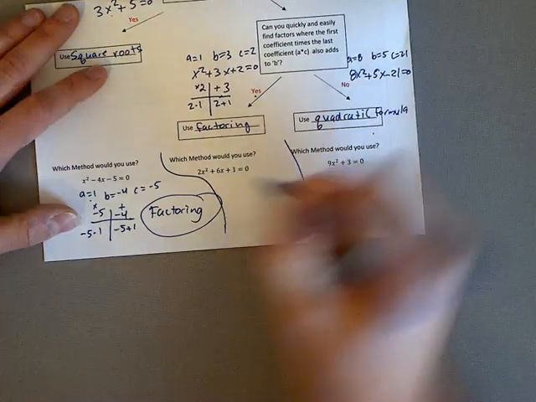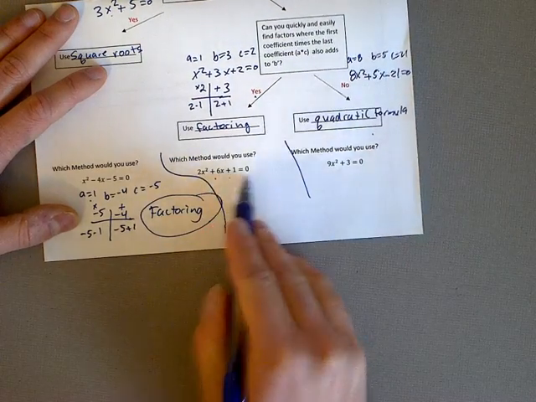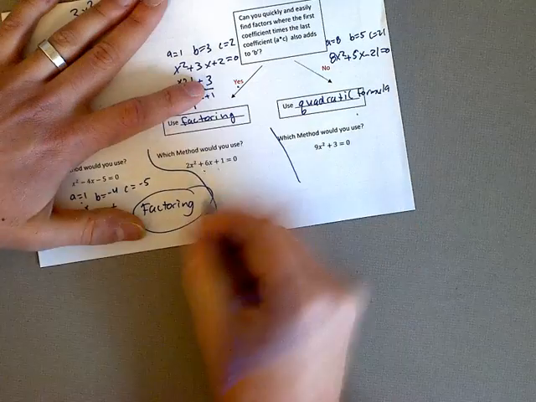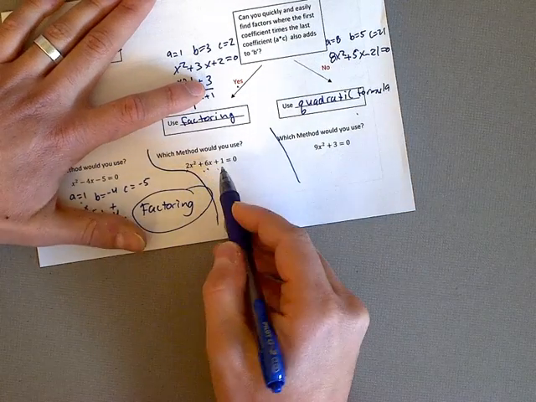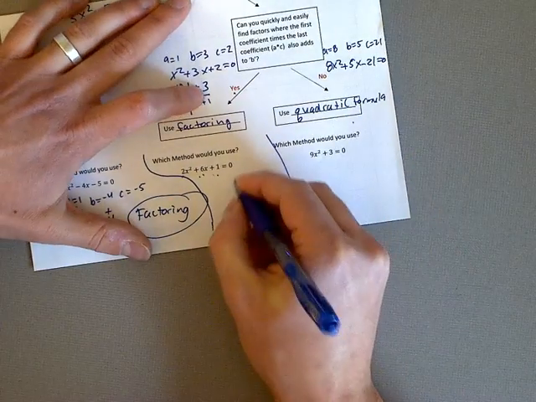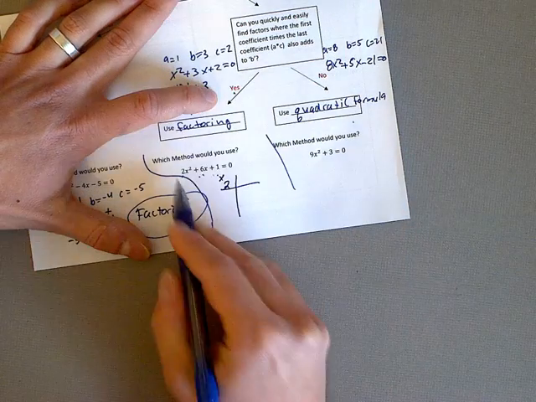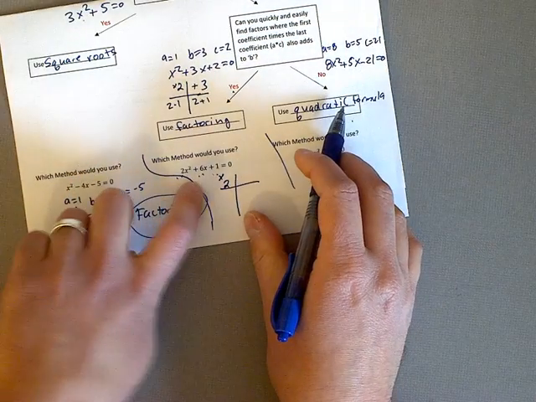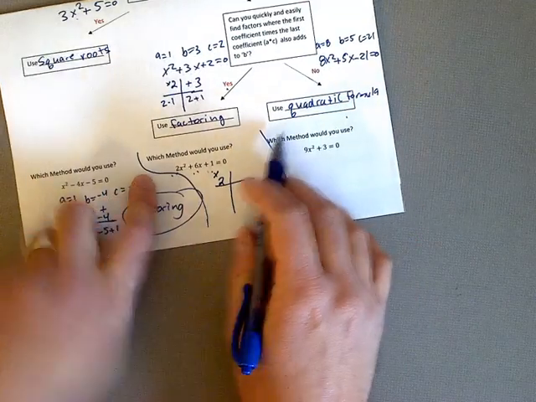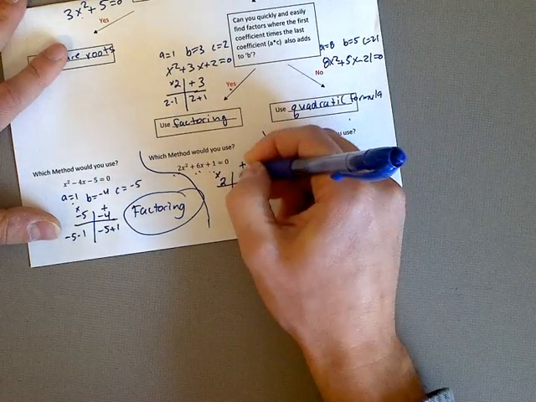Now let's consider 2x squared plus 6x plus 1. Again, a is 2, b is 6, c is 1. So I can think about, can I multiply to 2, first times last, or a term times c term in standard form, and also add to 6.